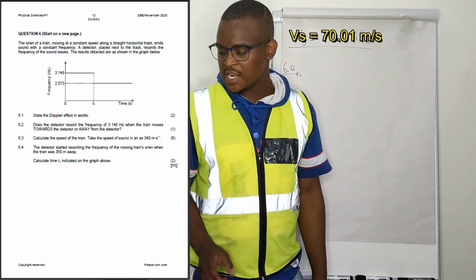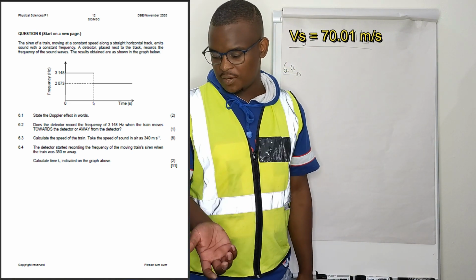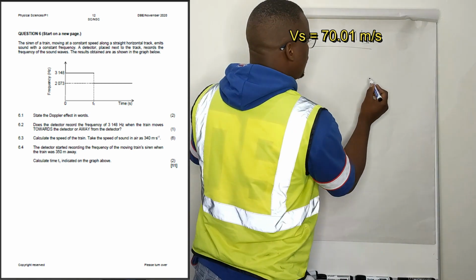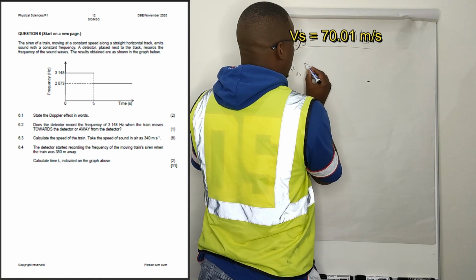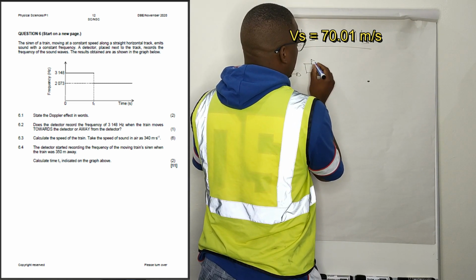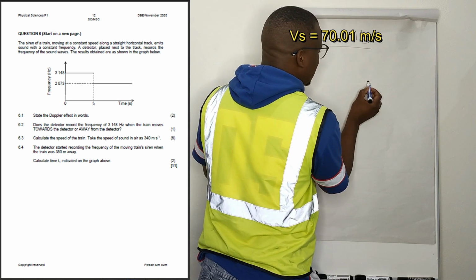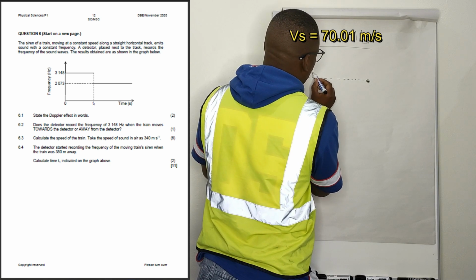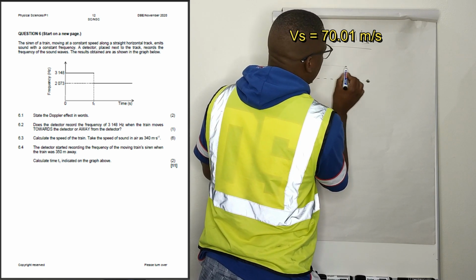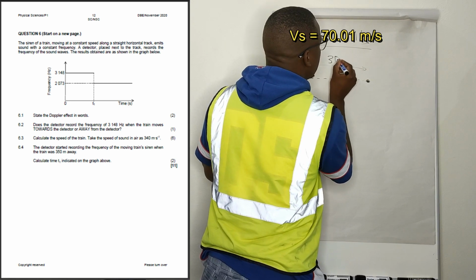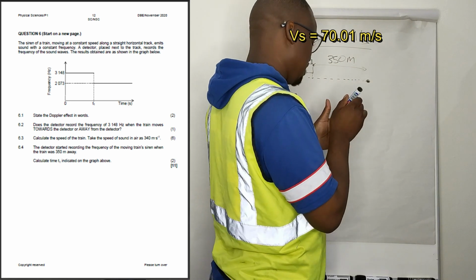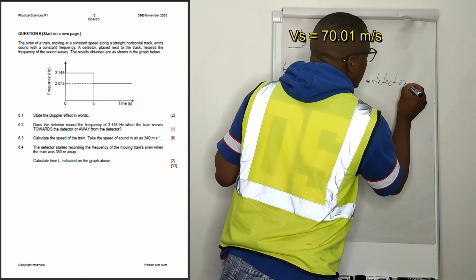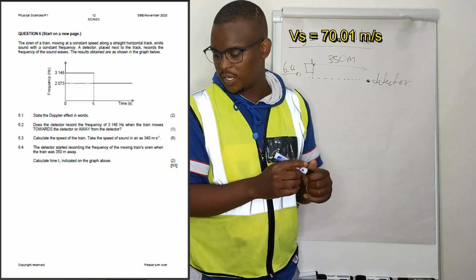Calculate the time t1. So our detector started recording the frequency of this train when the train was 350 meters away. If we have our detector here and our train here, our detector started recording when this train was 350 meters away. That's what they are telling us.